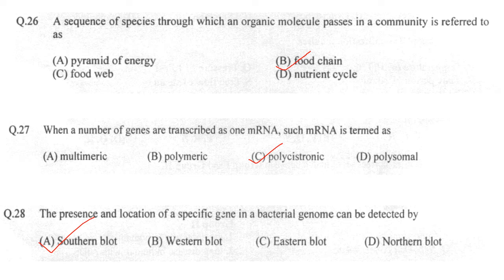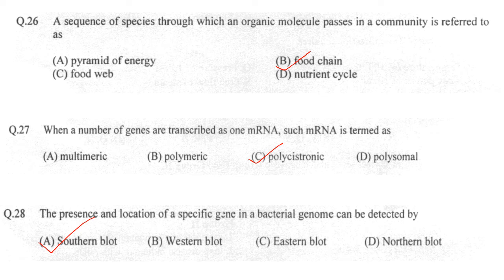Yes, that is more correct, because the sequence of species through which an organic molecule passes in a community is referred to as food chain. And food web is when a number of food chains come together. Nutrient cycle is the nitrogen cycle, water cycle, all these are nutrient cycles. That doesn't show from which species the organic molecule passes. But food chain shows from producer to consumer, then to decomposers. So that is shown by the food chain.